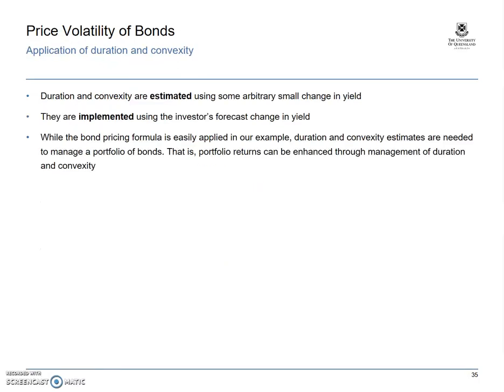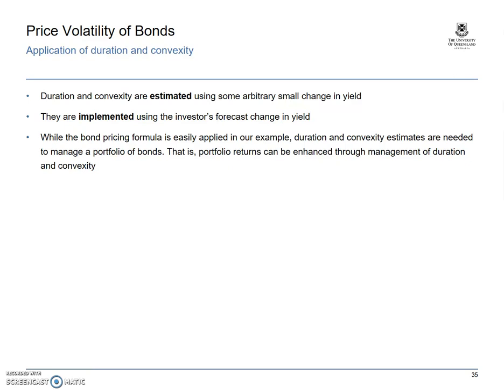So the application of duration and convexity: we use duration and convexity to estimate the price change of a bond. We calculate our duration and convexity by taking an arbitrary small change in the yield. Once we've got those, we can ask what we actually expect might happen in the market and how much interest rates may change by.